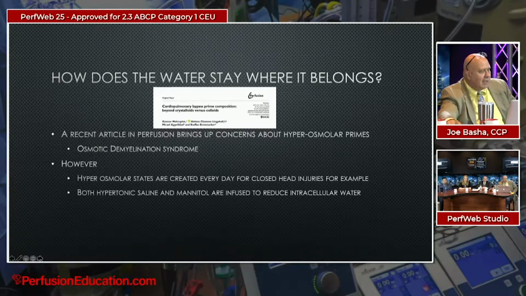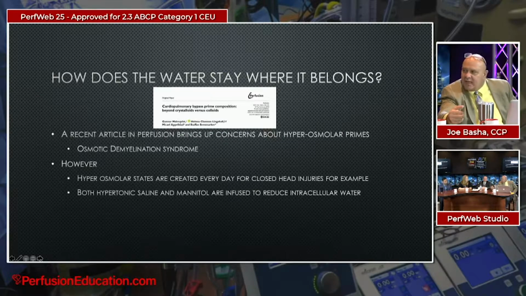However, hyperosmolar states are created every day for closed head injuries, for example, by giving patients massive amounts of mannitol and hypertonic saline. You drive the sodium up to 150, even higher sometimes. Very frequently, this reduces the intracellular water.